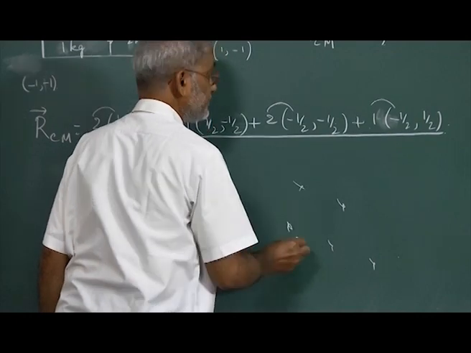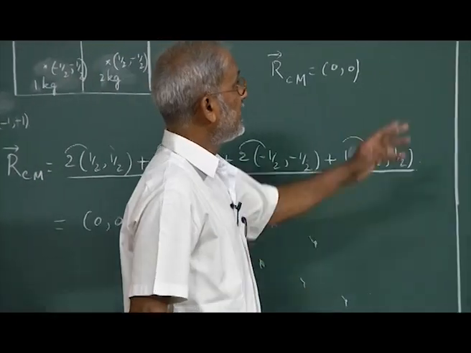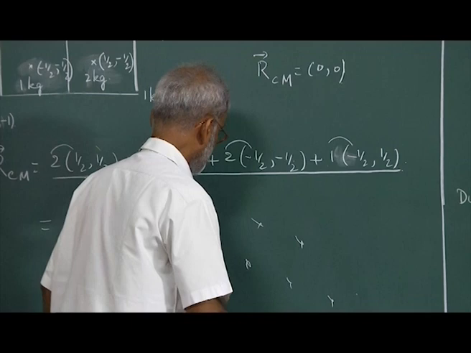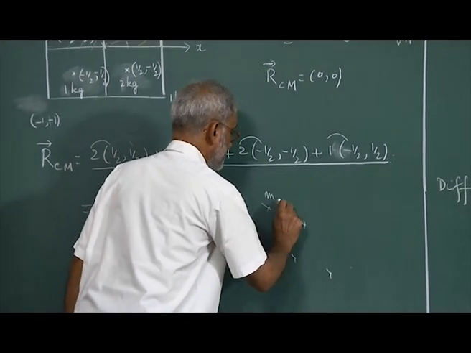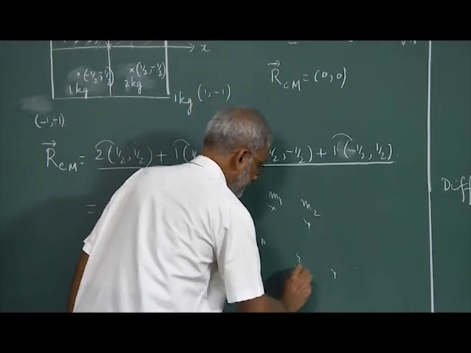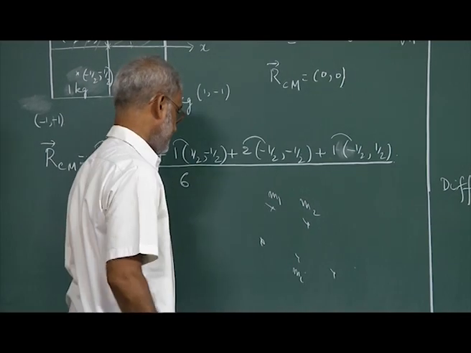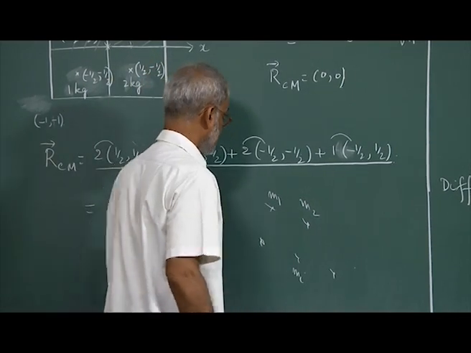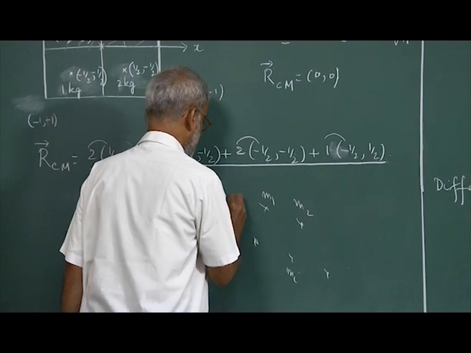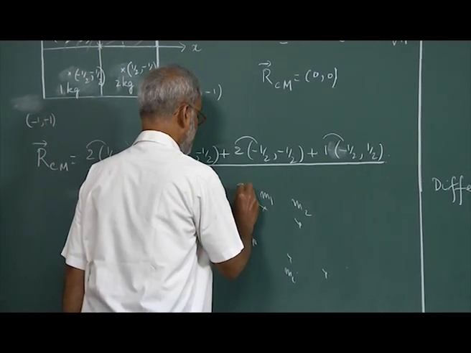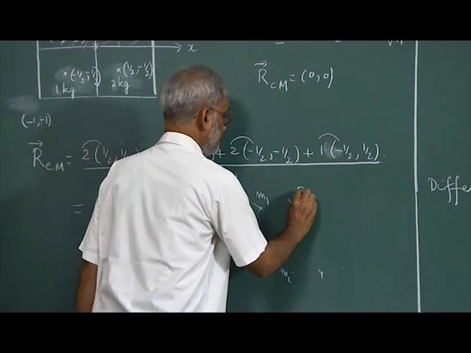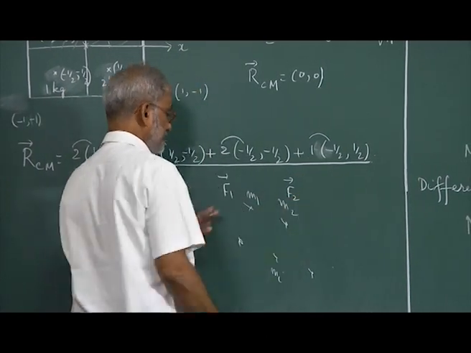Maybe I can use the same diagram. So this is M1 here, M2 here, Mi here, etc. So external forces are acting on it, various external forces, F1 here, F2 here. I am not denoting the actual force vectors.